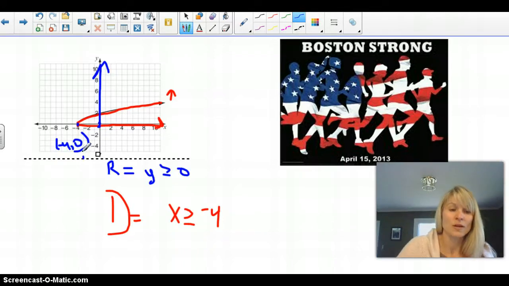So we know the range starts at 0, but then we also know this is gradually rising, and it's going to gradually rise to infinity, so it's going to keep increasing in height. So we know that it's going to start at 0, and then it could go to any numbers. So again, that would be our range, and that would be our domain.